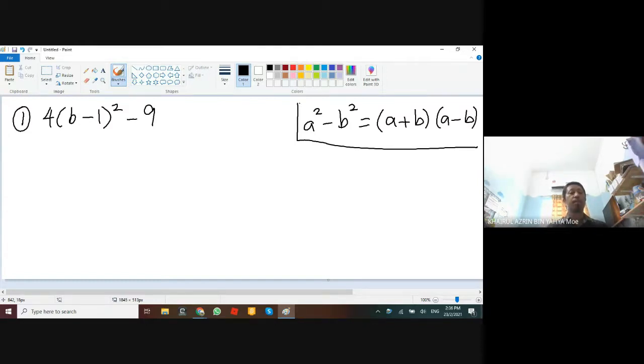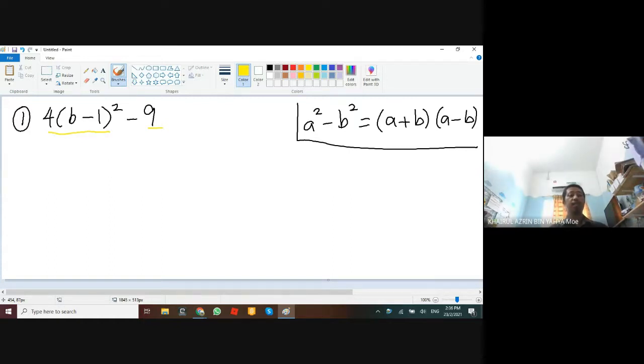Okay, so now we go to 2.3. We can use this method, but quite difficult. So let me underline this one. 4b minus 1 square is a perfect square. 9 also a perfect square. What is a perfect square? 9 is a perfect square. Why?